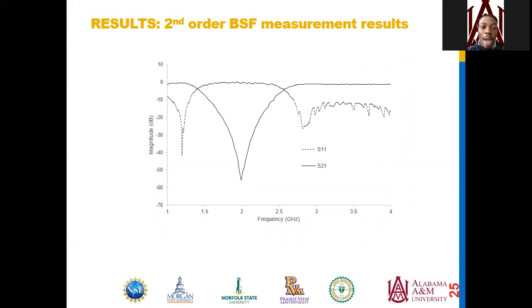Okay, here we have our second order bandstop filter measurement results. As you can see, our S21 has a stop band at 2 gigahertz and an attenuation depth of minus 50 dB.